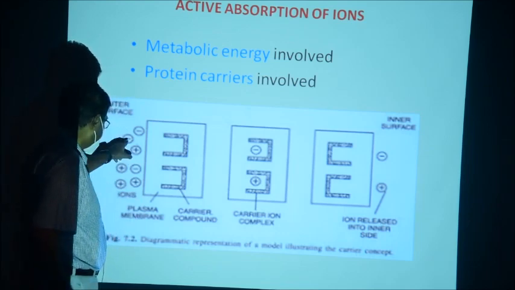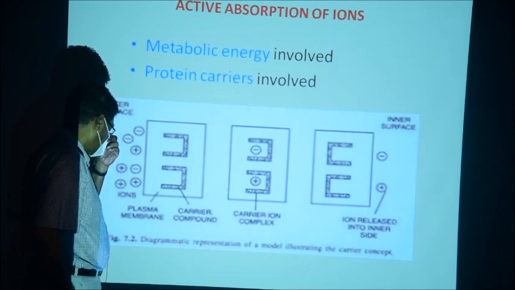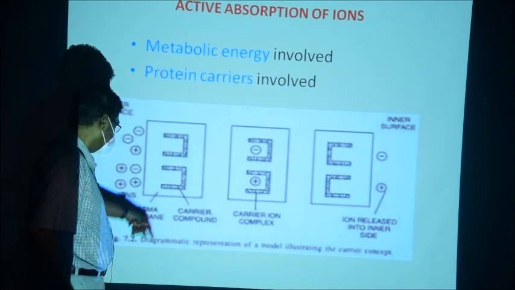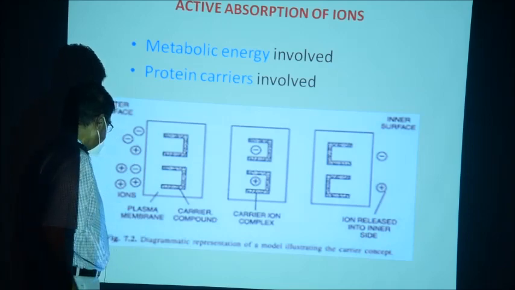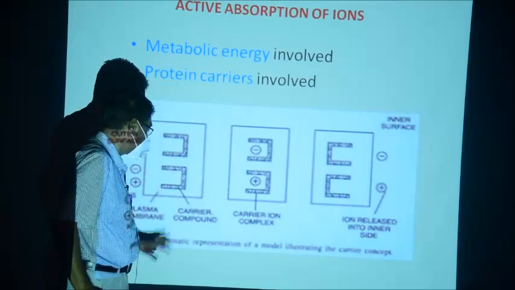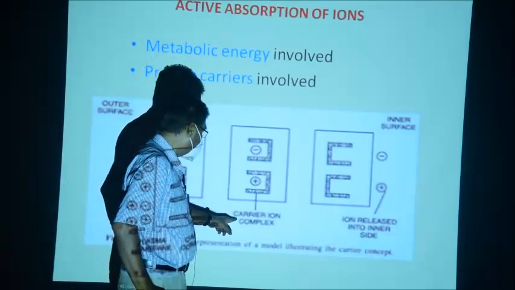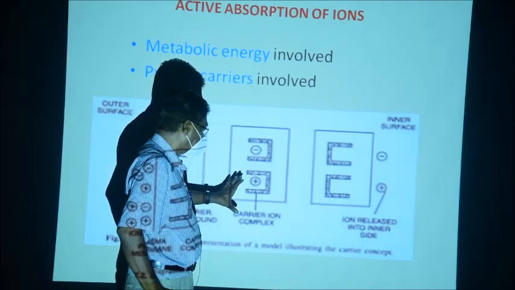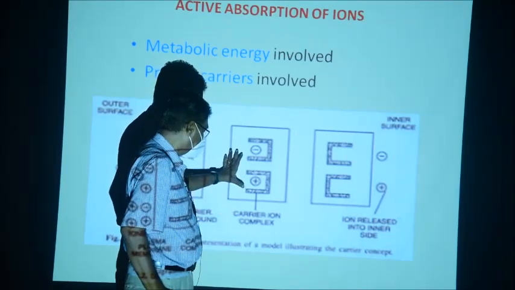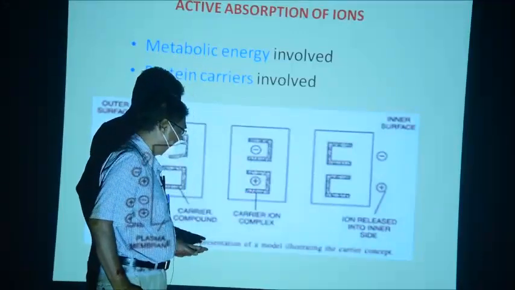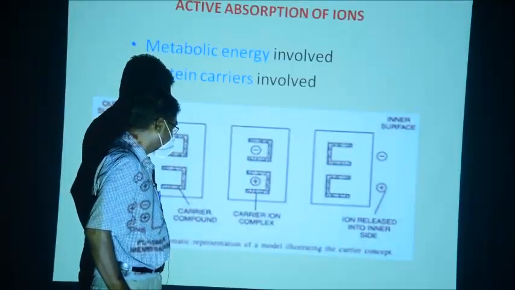This plus and minus are cations and anions. There are two carriers here. This is the plasma membrane and these are the carriers. One carrier holds the cation and the other carrier holds the anion. So there are specific carriers for cations and specific carriers for anions.